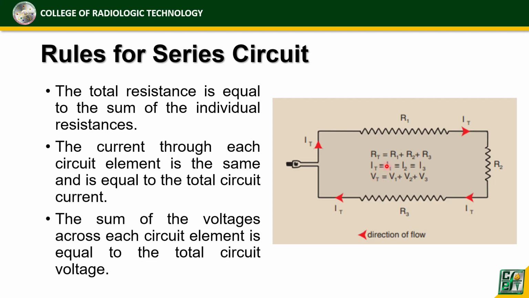And the total voltage is equal to the sum of the voltages in each circuit element. Okay? So, dito, ang equal ay current. Okay. Okay? So, naalala nyo na ba?